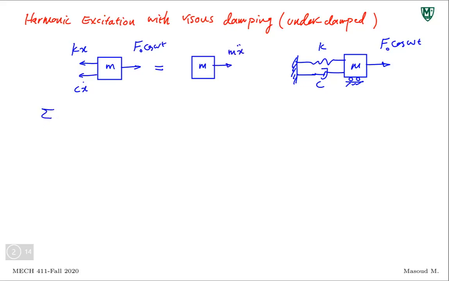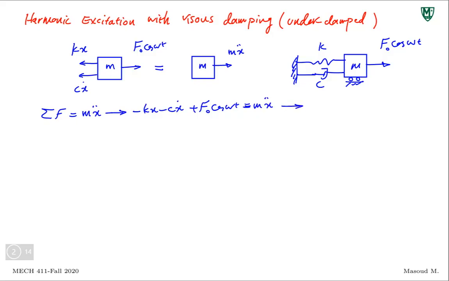If I write down the equation of motion, the summation of all the forces is not equal to 0, it is equal to m x double dot, mass times acceleration. So I get minus kx minus c x dot plus F naught cosine omega t equals m x double dot.